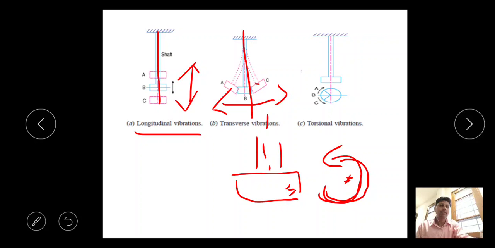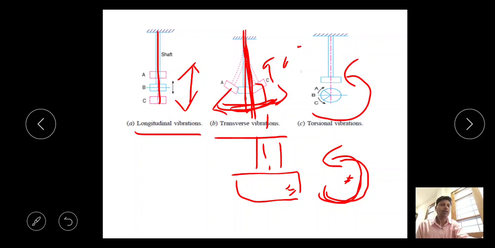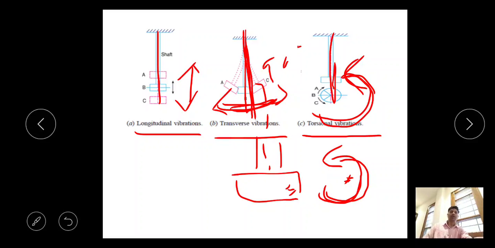If it is moving perpendicular, at 90 degrees to the axis, it is called transverse vibration. If the particle is moving in a circular fashion about the axis, it is called torsional vibration. These are the three types of free vibration.